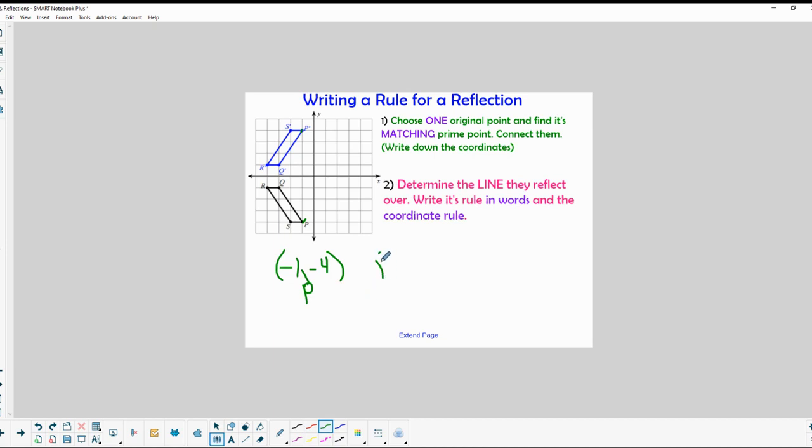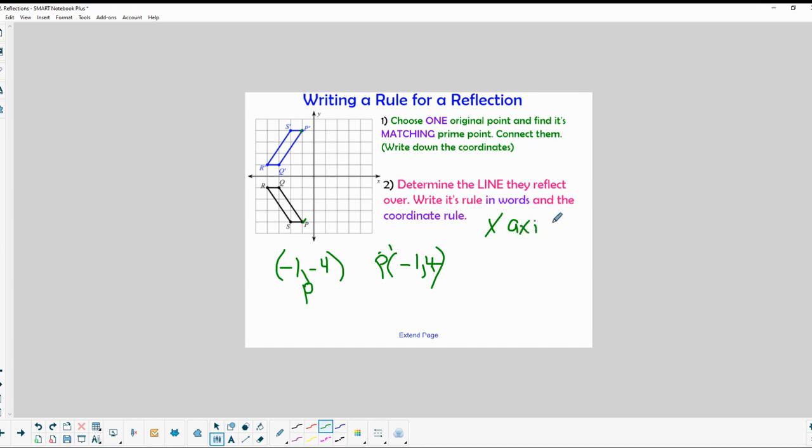P prime is at negative 1, 4. So if you look, the x values stayed the same. The y value switched. So what did they reflect over? They reflected over the x-axis.